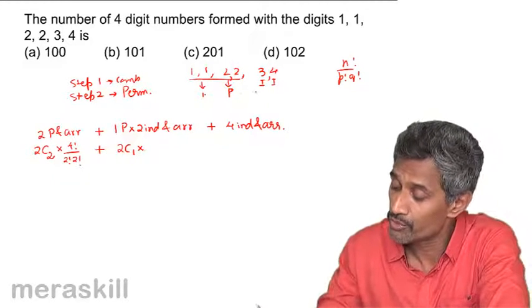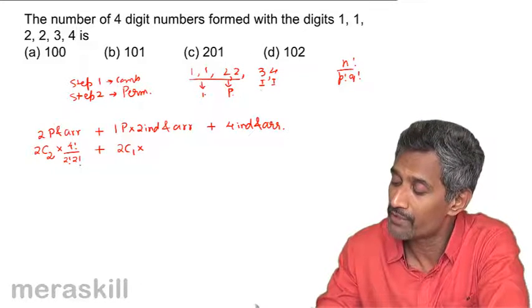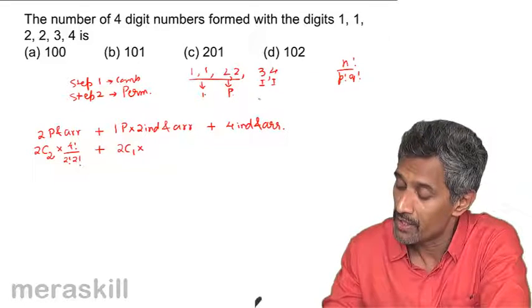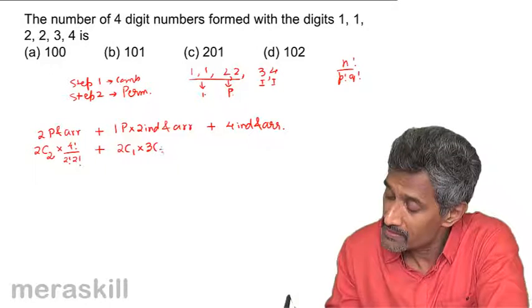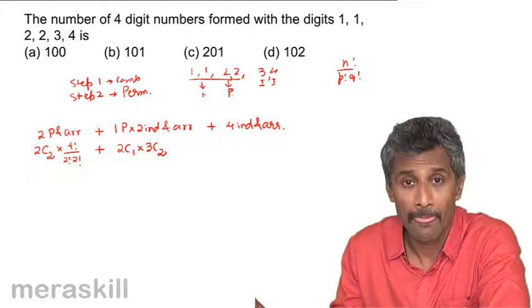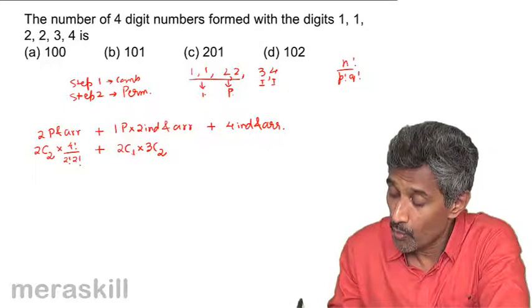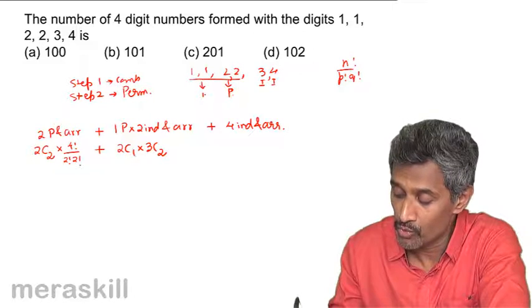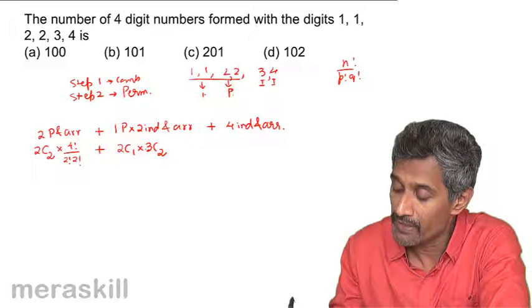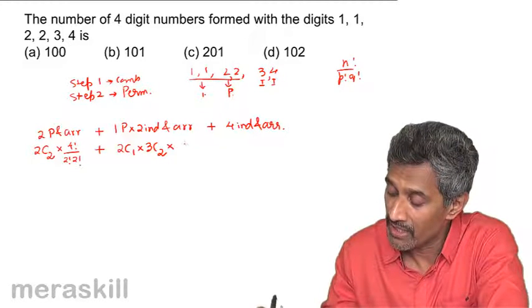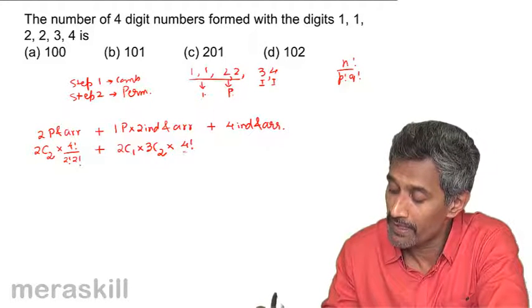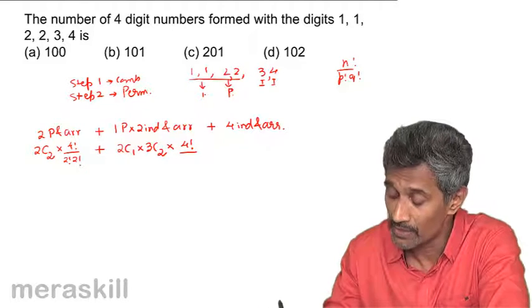So you're going to choose 2 out of 1, 2 and 3, or 1, 2 and 3. So that is going to be done in 3C2 ways. So you have chosen 1 pair and then 2 of the individuals out of 3, and then you're arranging. Again, there are 4 of them, 4 factorial ways in which these ones that are chosen.